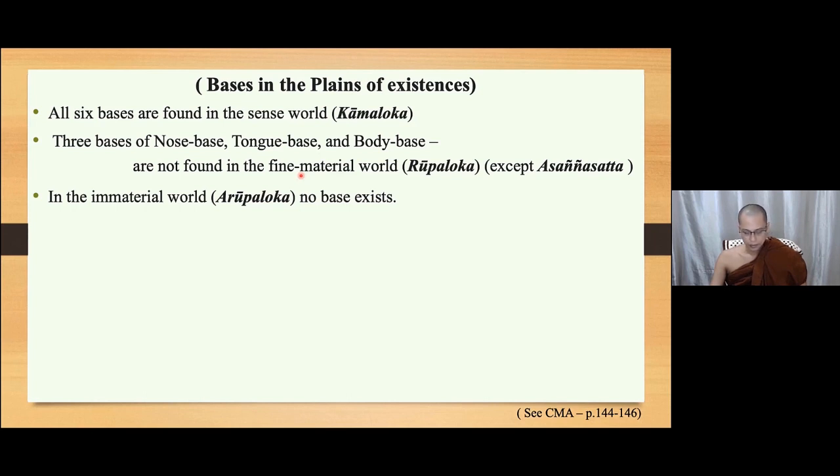Then why are the nose, tongue, and body bases absent in the Rupa Loka, the fine material sphere? They mentioned that these three are closer in the quality of sensuous experience than the other two, sight and hearing.